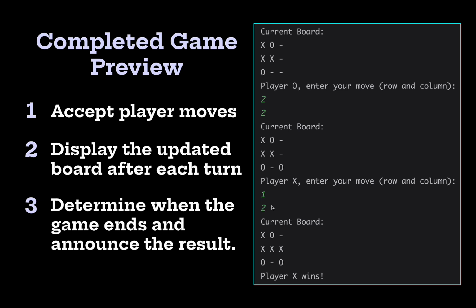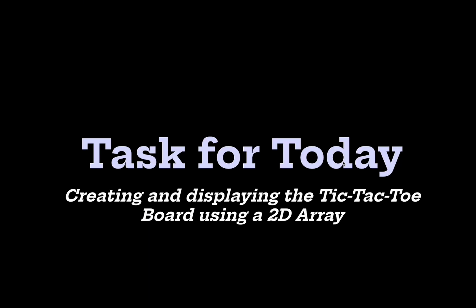The next person plays 1, 2, right here. That's where this player has played. And player X wins. So this is what the game is going to look like, and this is what we're going to be building.